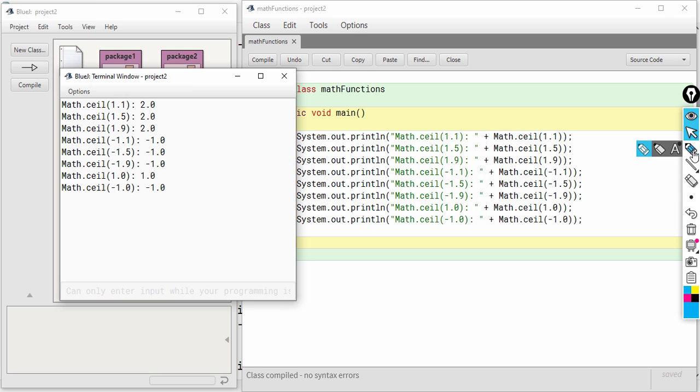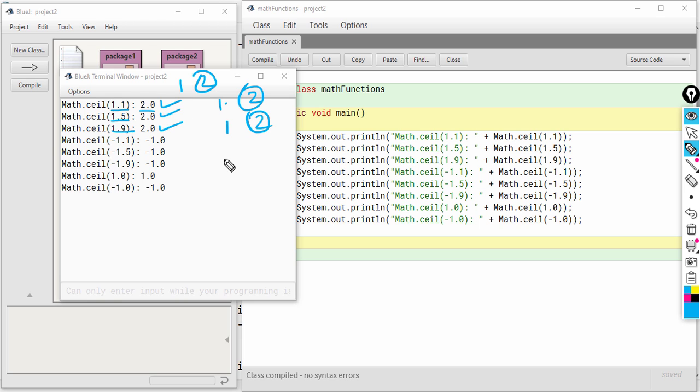As you can see here, students, 1.1 is giving me 2.0. 1.1 comes between 1 and 2, bigger number is 2, so the answer is 2.0. 1.5 also comes between 1 and 2, bigger number is 2, so it gives me 2.0. Similarly, 1.9 comes between 1 and 2, bigger number is 2, so it gives me 2.0.